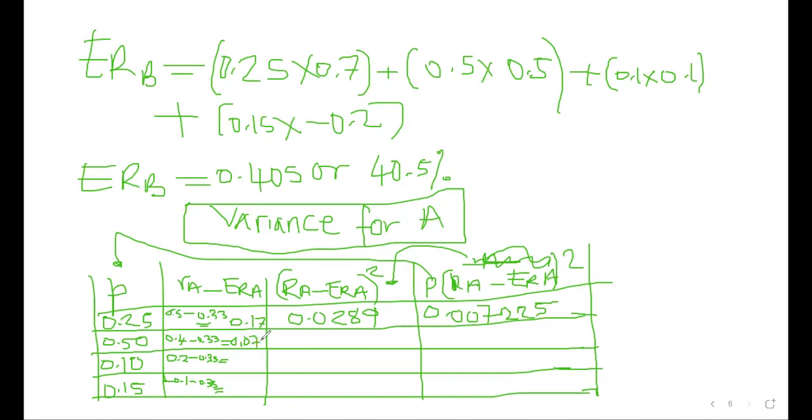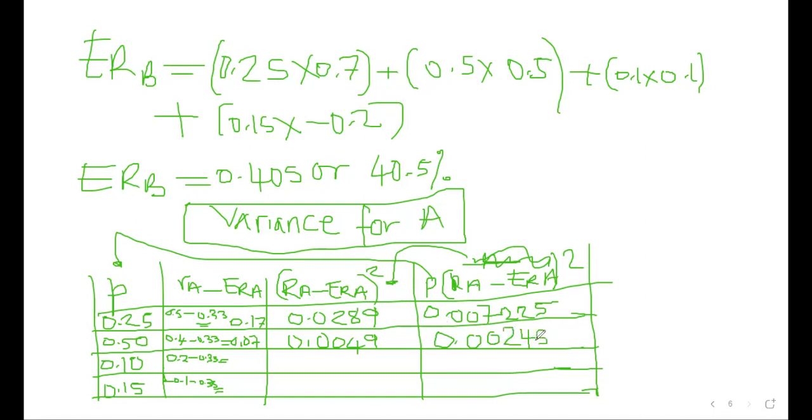Then you square it, giving us 0.0049. Multiply by 0.5, so it's giving us 0.00245.